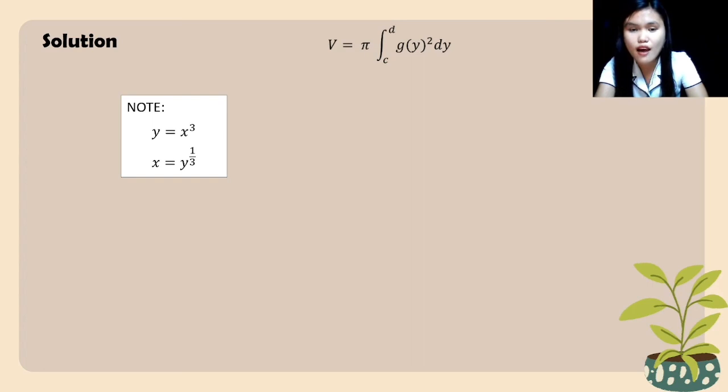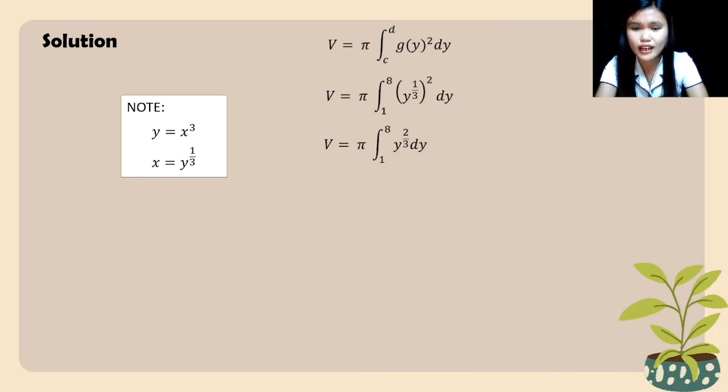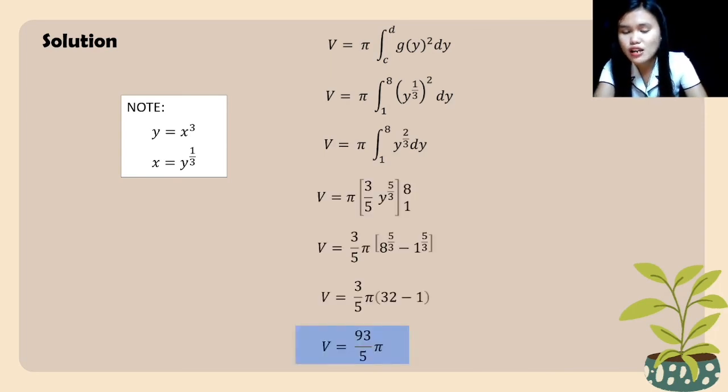We have volume equal to pi integral from c to d of g of y squared dy. Our limit of integration is from 1 to 8. Now we substitute the given value of x: y to the power of 1/3, squared, dy. Integrate and evaluate. We have the final answer, V equal to 93 over 5 pi.